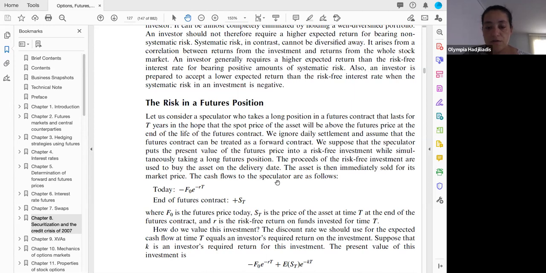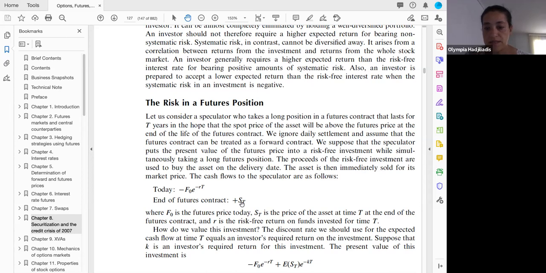The cash flows to the speculator are as follows. Today, minus F0 e to the minus RT, so at present value, discounted to today, so minus F0 e to the minus RT. And at the end of the futures contract, you get plus ST, okay?